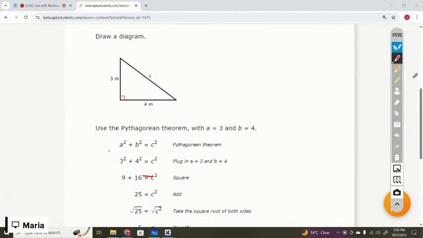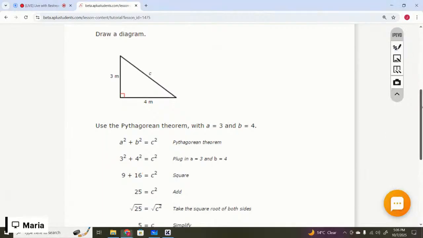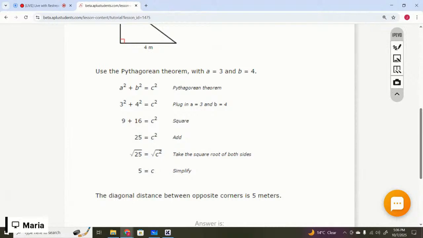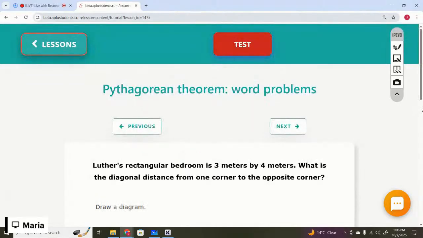C equals 5. The correct option is C equals 5. Let's just start with the test questions.